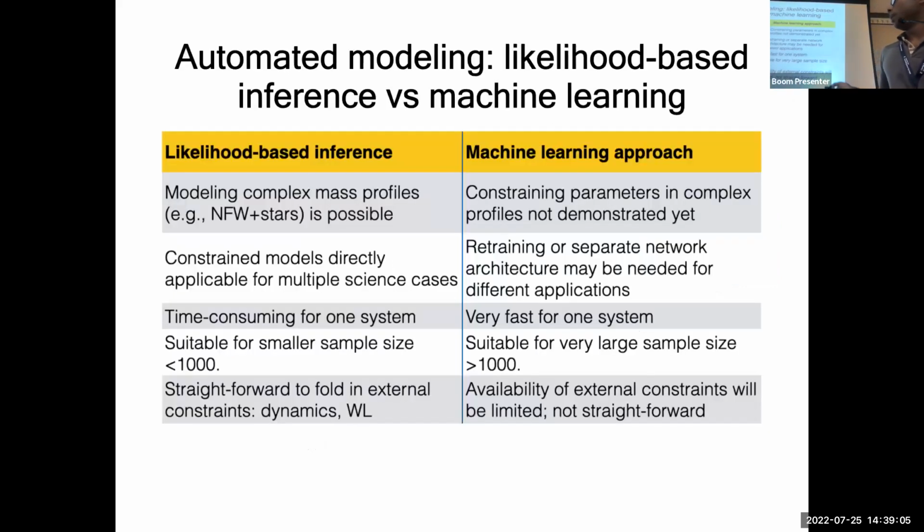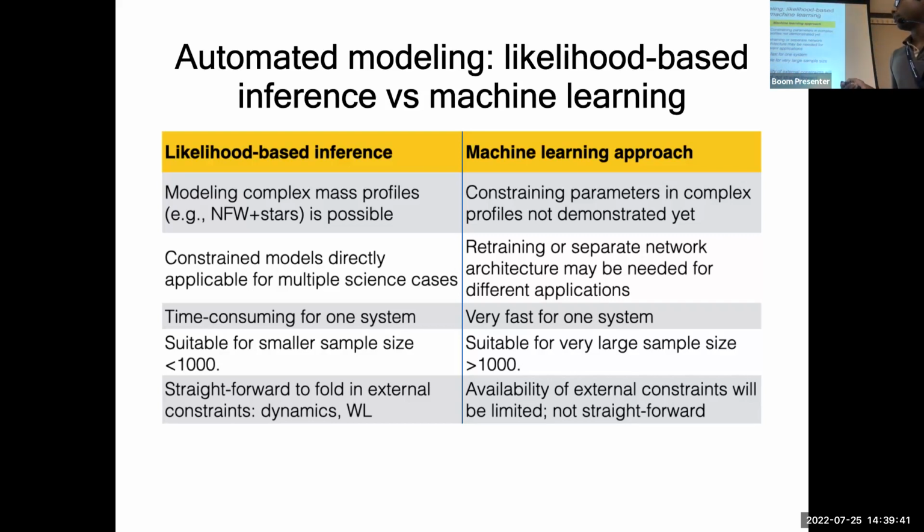Okay, before going into the full automation, I would just like to highlight some comparisons between the likelihood-based inference, which is the more traditional way, and some new emerging ways based on machine learning. In the likelihood-based inference, we build a model for the mass profile. If you want a complex mass profile like an NFW plus stars, that is already done in many cases using the likelihood-based inference. But with the machine learning approach, such complex mass profiles haven't been demonstrated with high success yet.